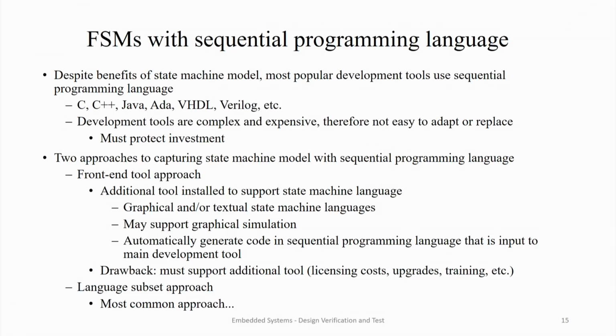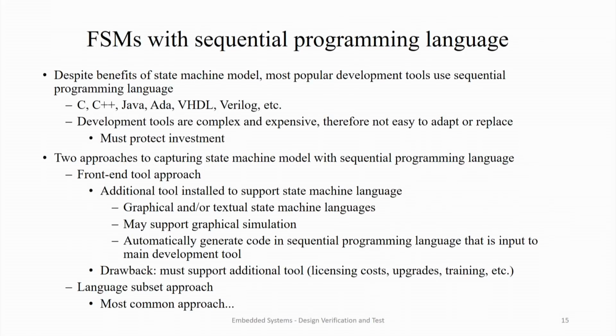So, what we do instead is that we use two approaches. We have a front end tool in which we draw an FSM based model using a diagrammatic approach, and then there will be an automated mechanism. We use a subset of a sequential programming language itself to represent a state machine textually in the form of a program. So, two approaches to capturing the state machine model with a sequential programming language.